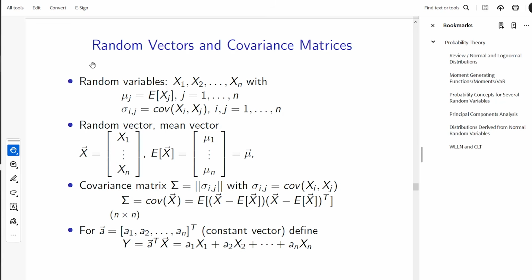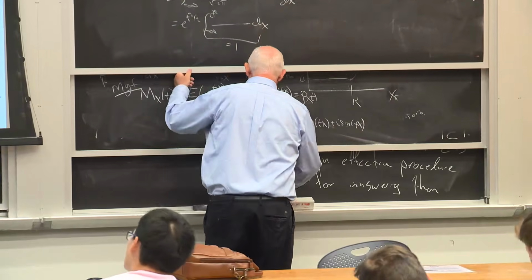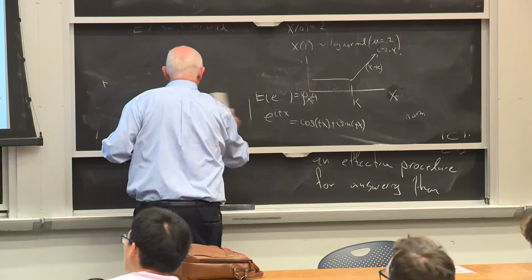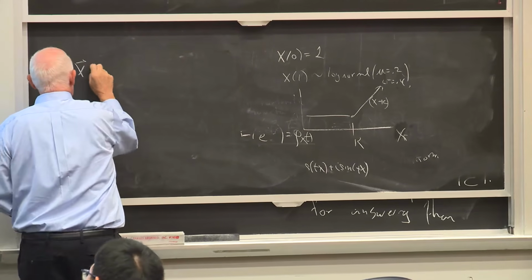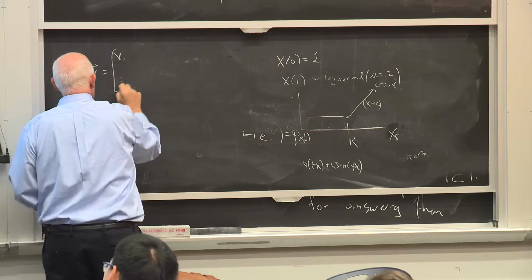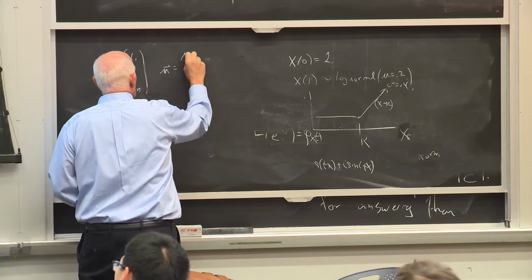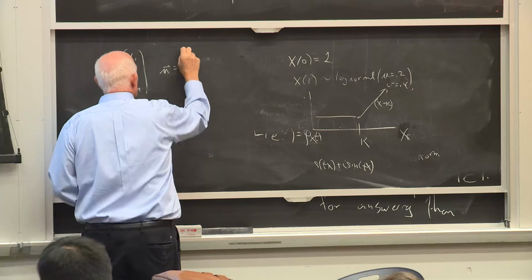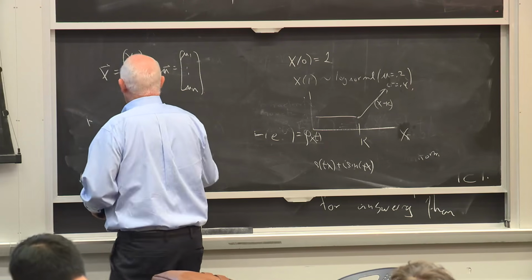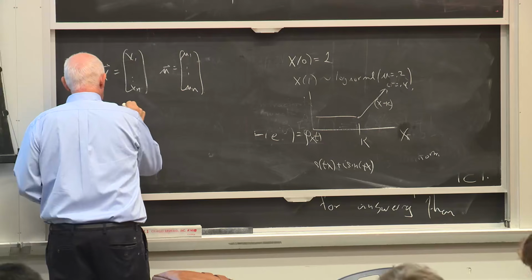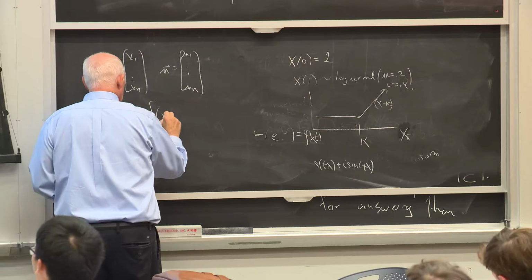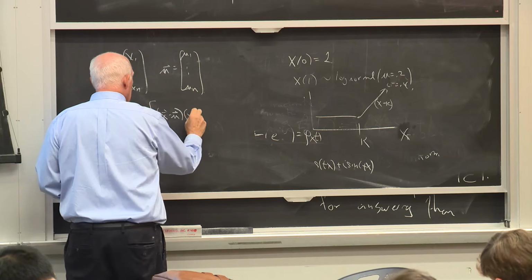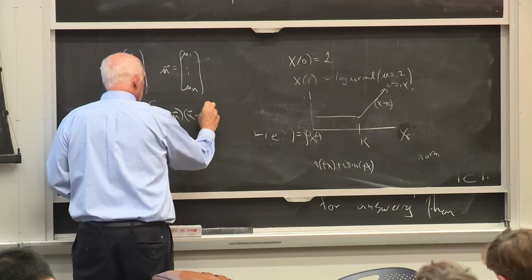And so what's important to realize here is that if we have an x vector and a mu vector, so x is equal to x1 down to xn, and mu is equal to mu1 down to mu n, then we define the covariance matrix of x to be the expected value of x minus the mu vector times x minus the mu vector transpose.